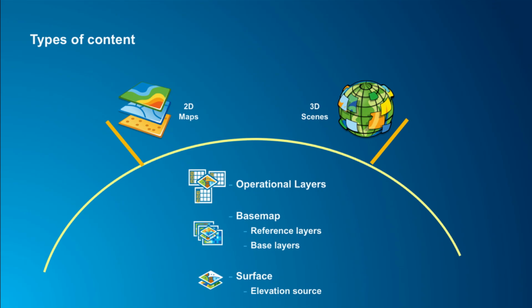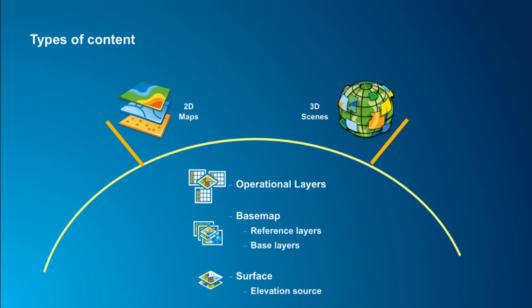Regardless of the type of content you choose, the structure and organization of this data is basically the same. You have operational layers that are displayed on top, and these layers really are unique to your map or your application and are of particular interest to the user, because many times this is the layer that enables those user workflows.